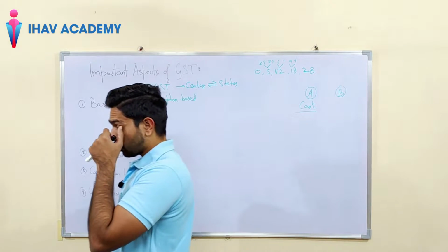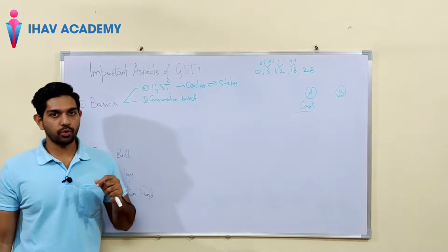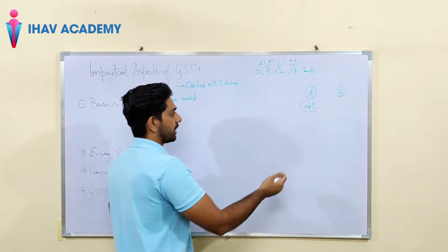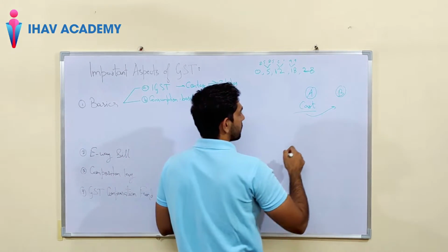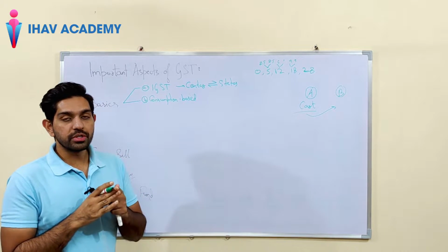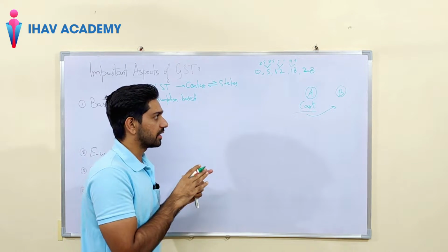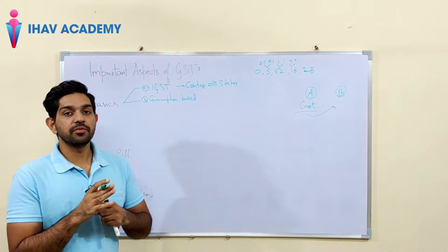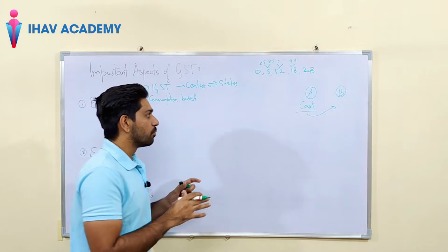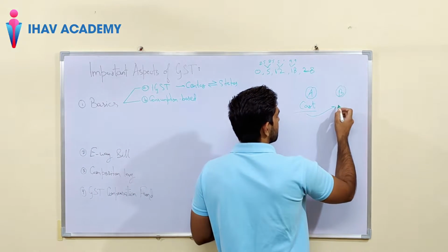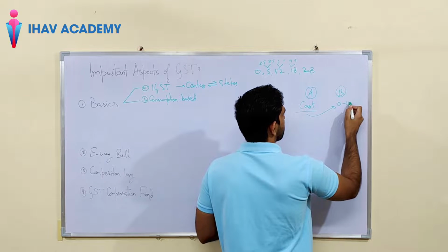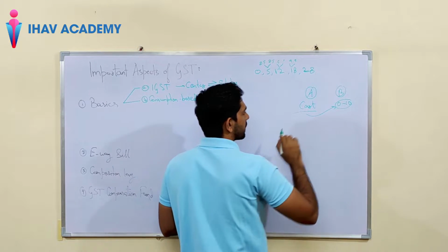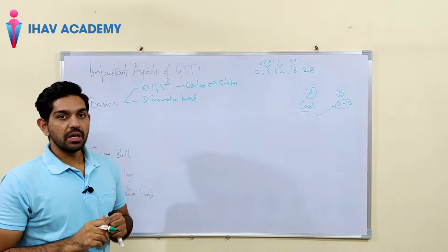Now the consignment of this cart toy will be sent to state B. Why? Because there is a huge demand for this toy cart in state B, as B has more persons in the age group of 0 to 10. So this toy cart consignment will go to B.